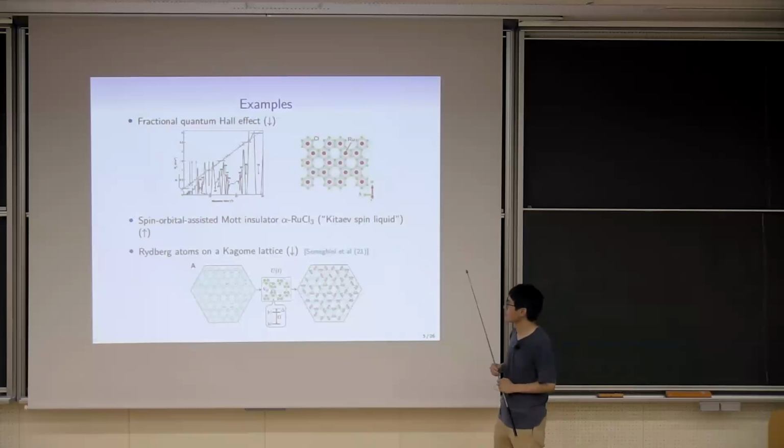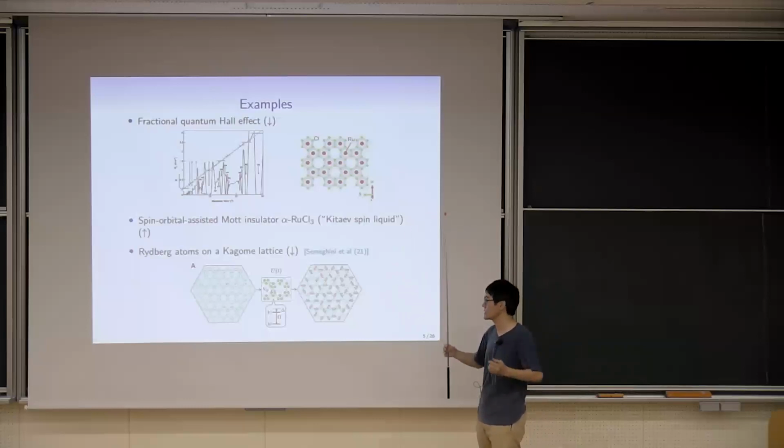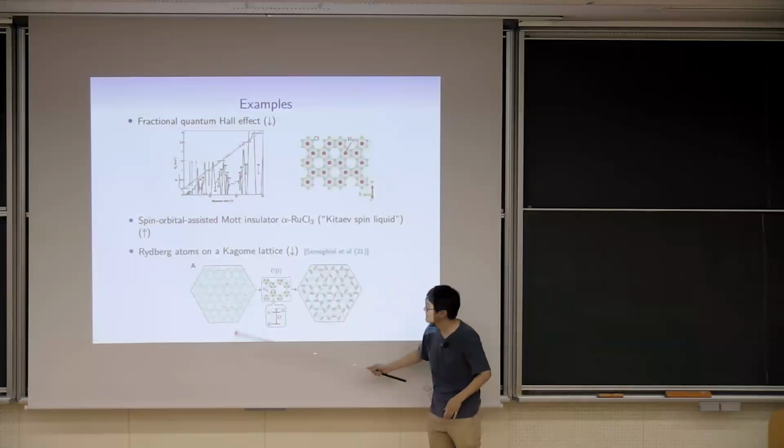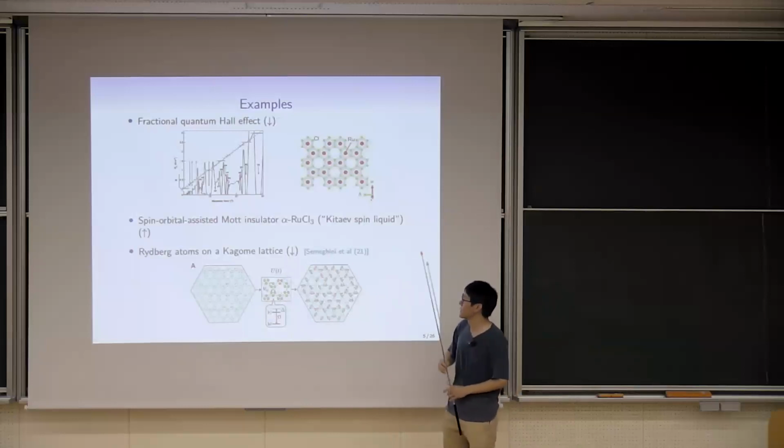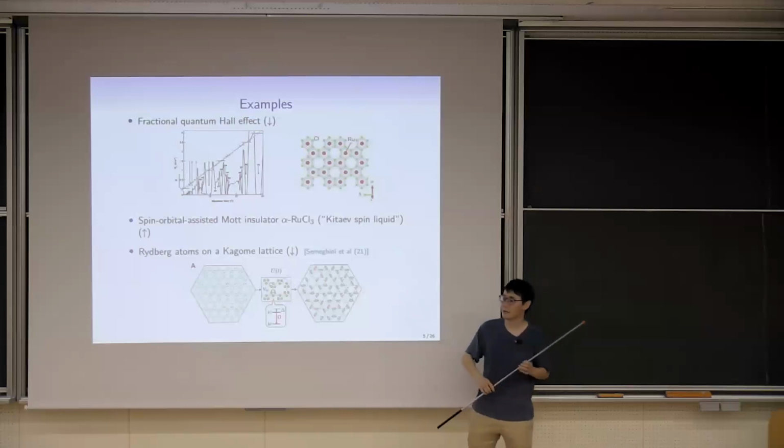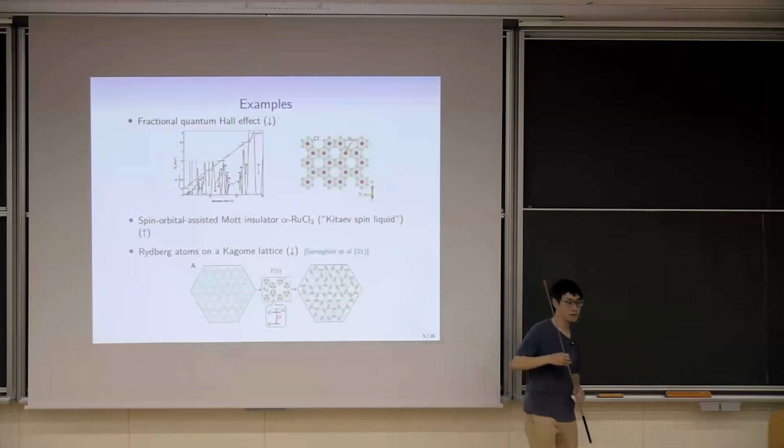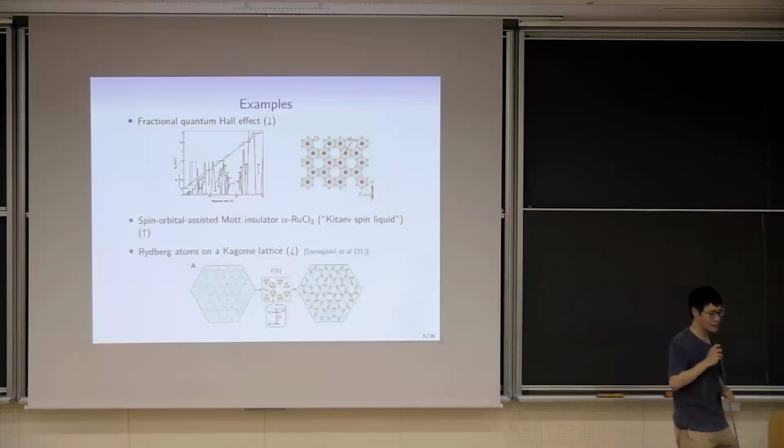And then yet another example I have here is a more artificial or synthetic system where we have artificially arranged neutral atoms in this pattern of Kagome lattice. And then people recently realized the quantum spin liquid in this type of engineered systems.